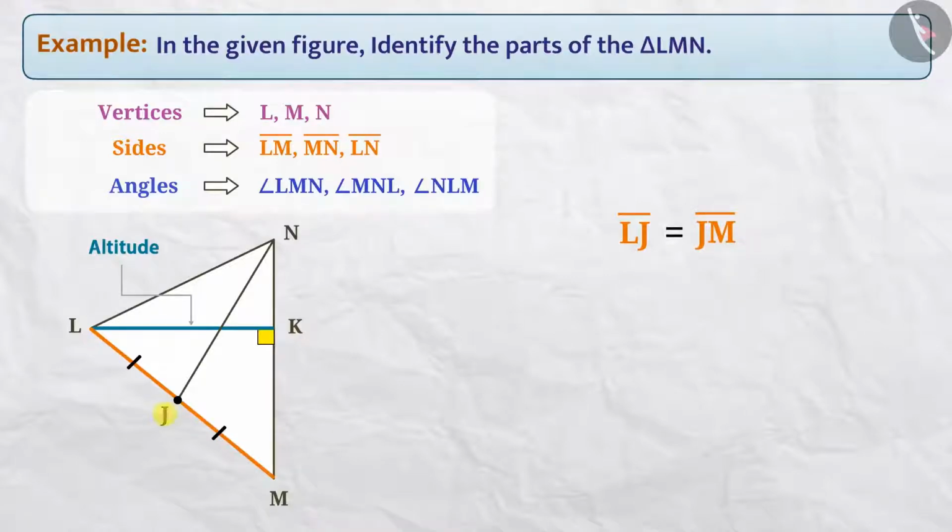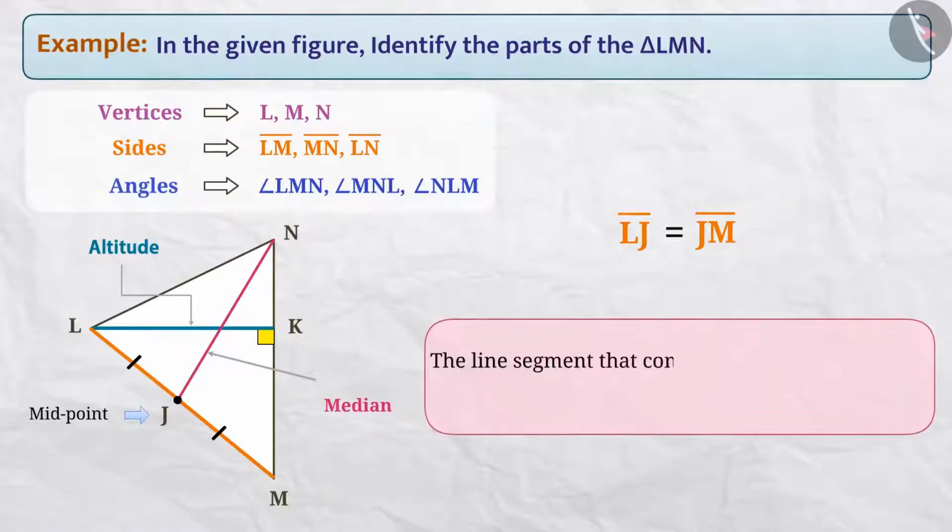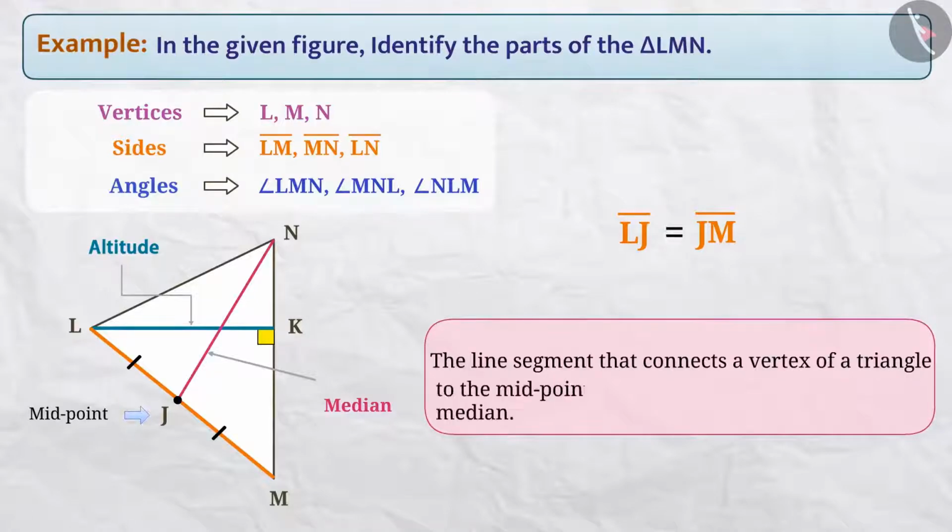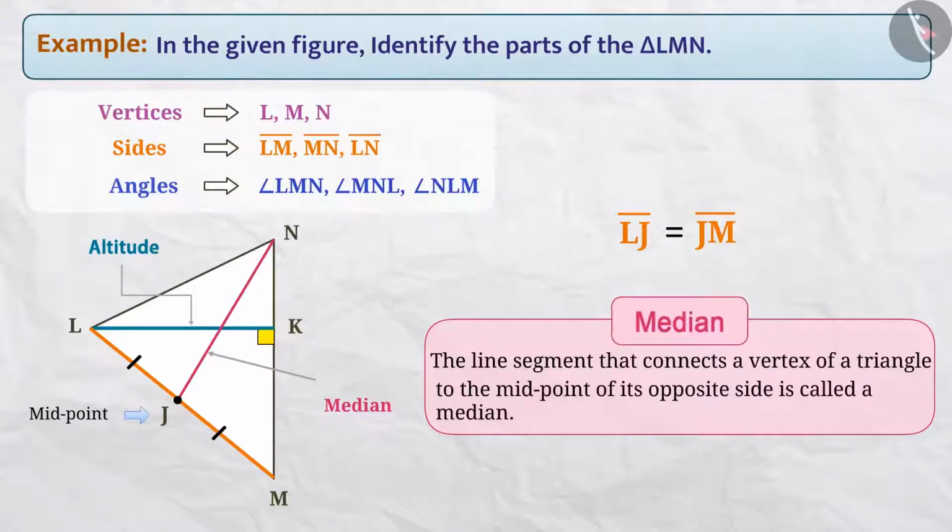That is, the point J is the midpoint of the side LM. Since the line segment NJ is connecting the vertex N with the midpoint J of its opposite side LM, NJ is a median. The line segment that connects a vertex of a triangle to the midpoint of its opposite side is called a median. In this way, we have identified the parts of triangle LMN.